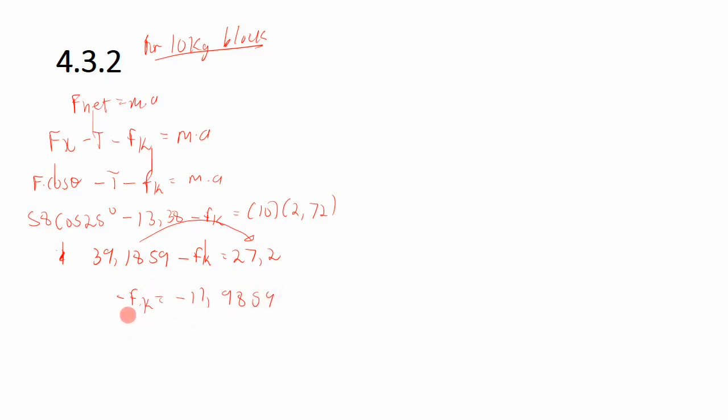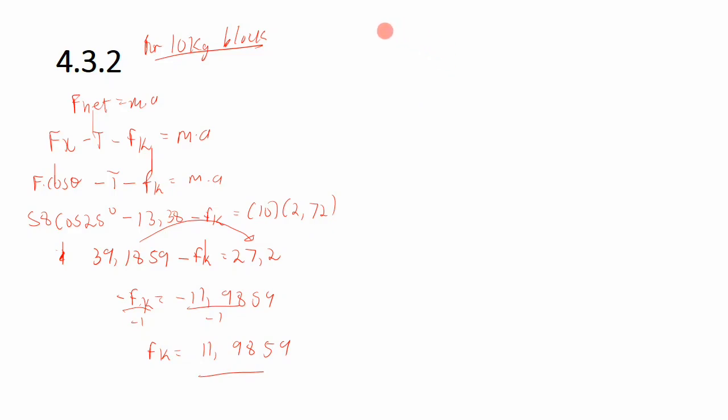Then we can just divide both sides by -1, and Fk becomes 11.9859.